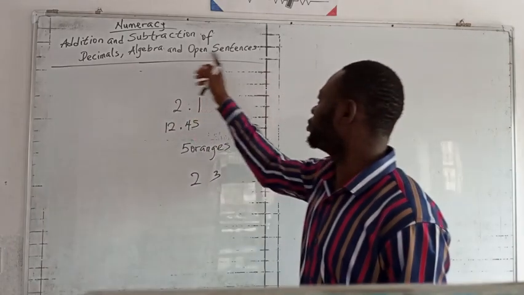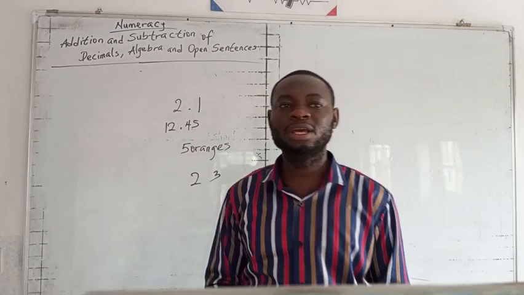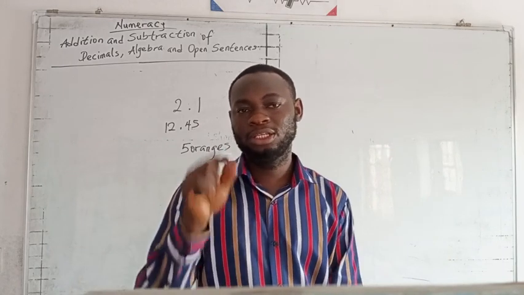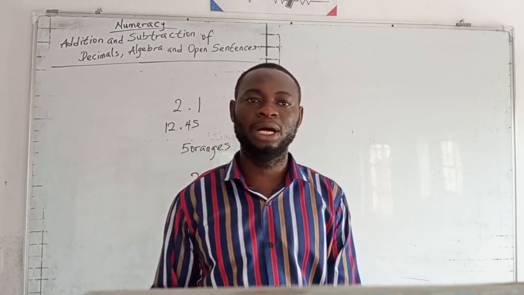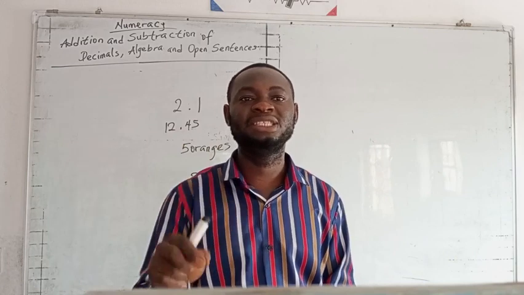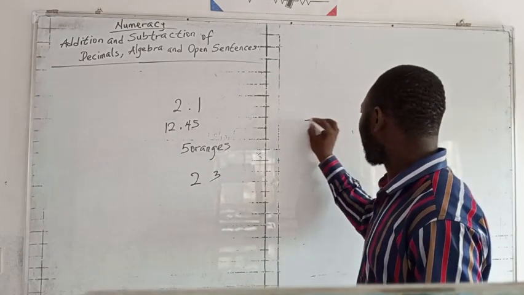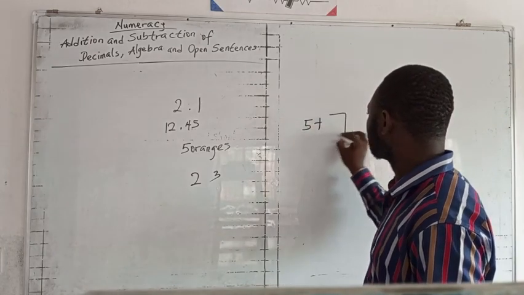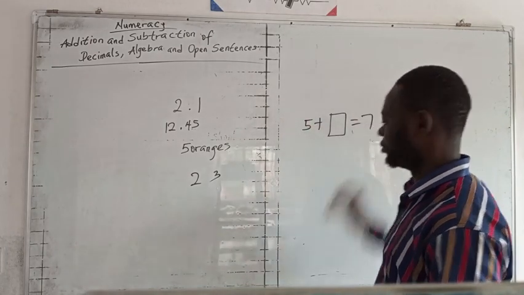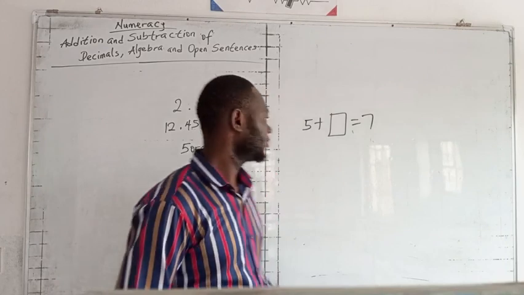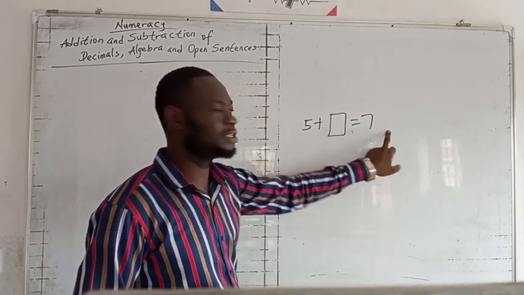Then when we talk about open sentences, an open sentence is simply a math pattern whereby there will always be a missing number. It's now left for us to find the missing number. Something like we ask ourselves, 5 plus what will give us 7?